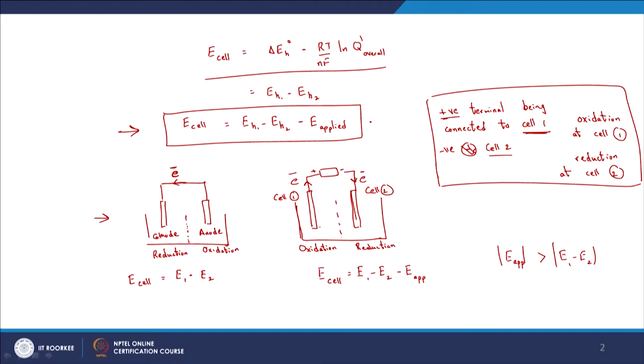So now your cell 1 is going to be your anode and your cell 2 is going to be your cathode.